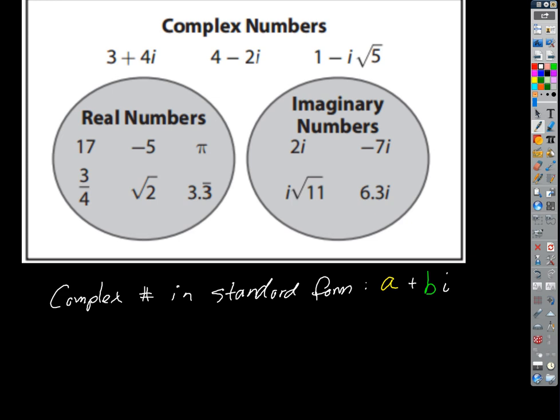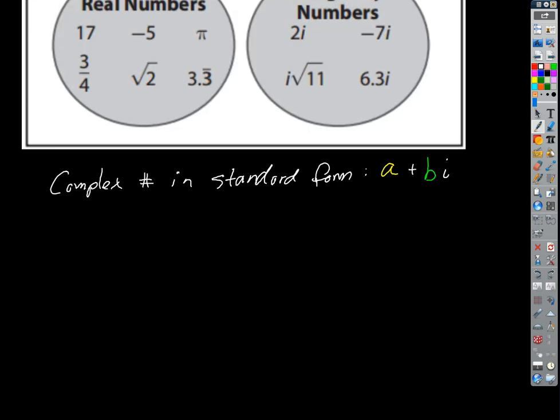Okay? That's the standard form for a complex number. And we say that this part right here, the a part, which is the part without an i, is what we call the real part. And the part that gets multiplied by i is the imaginary part.